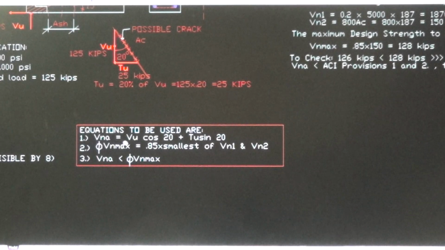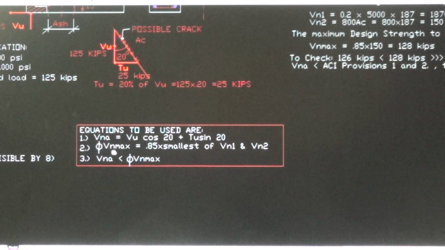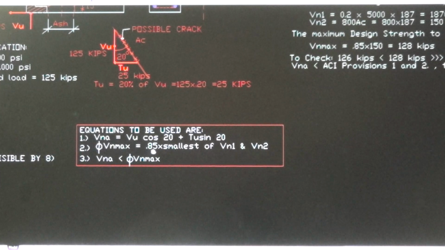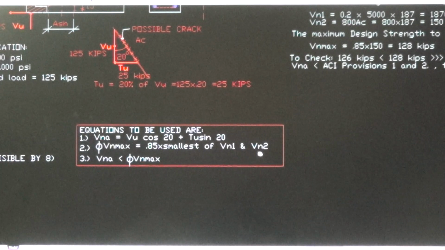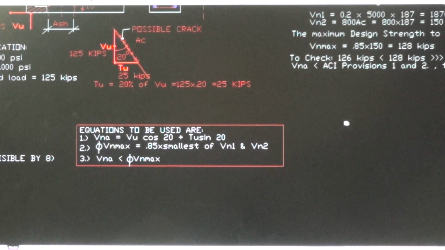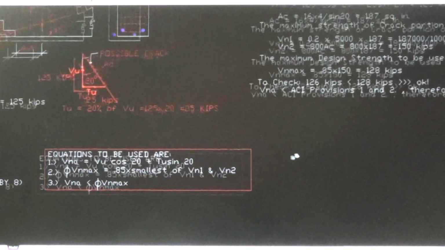Number 1, VN is equal to VU cosine 20 degrees plus TU sine 20 degrees. Number 2 is the reduction factor: the maximum design shear is 0.85 times the smallest of the VN1 and VN2. Okay, so that's the maximum shear stress in the crack portion of the beam.